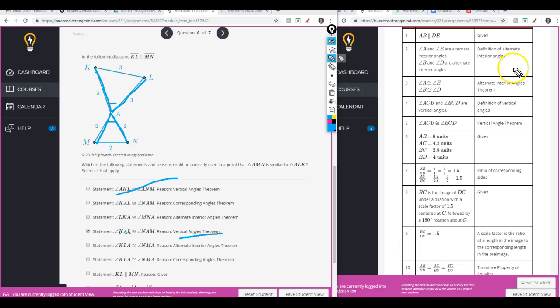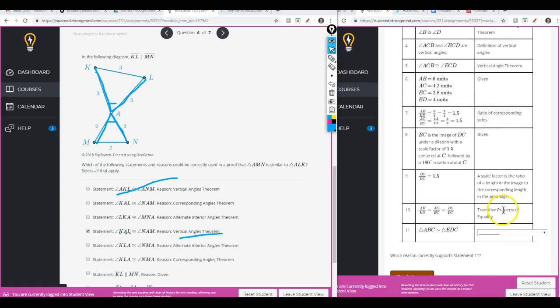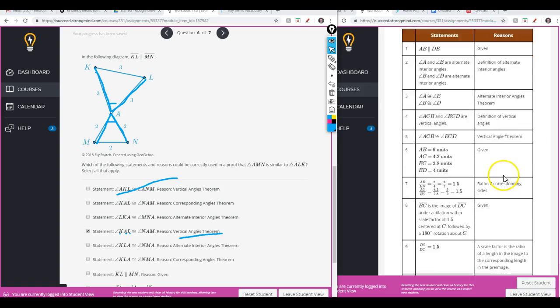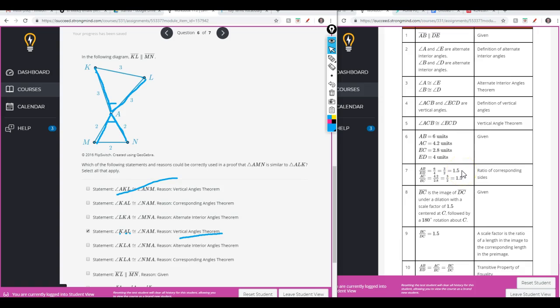Alright, now I'm going to scan again. This next one says corresponding angles theorem. So I'm going to see if there's a corresponding angles theorem in here. And I'm seeing corresponding sides. I'm not seeing corresponding angles theorem. And it is actually talking about the exact same angles that were in the vertical angles theorem, KAL and NAM.